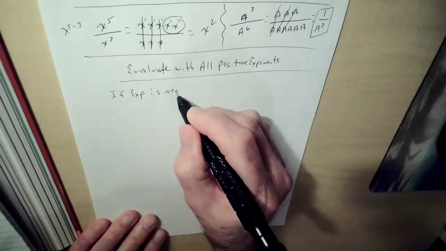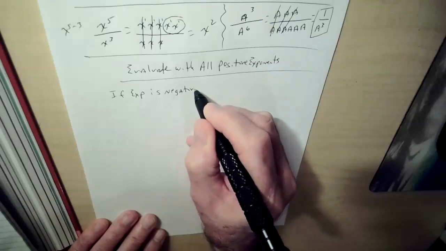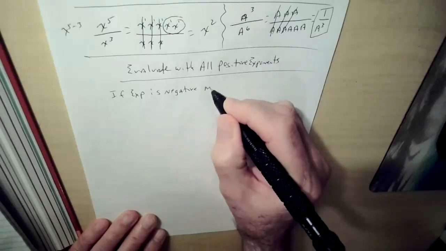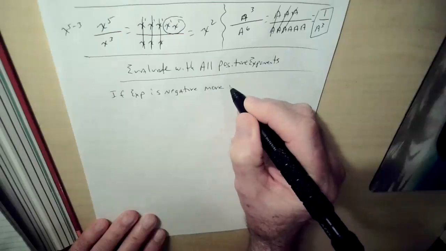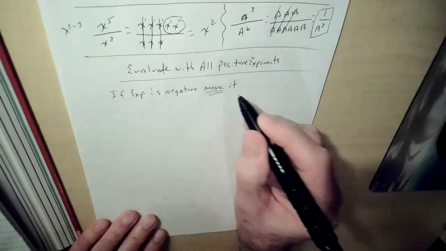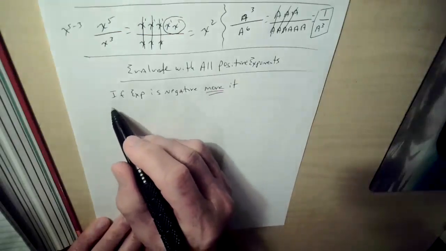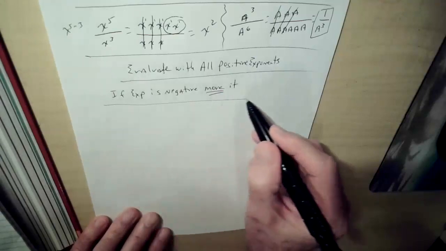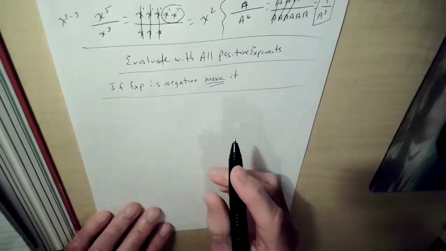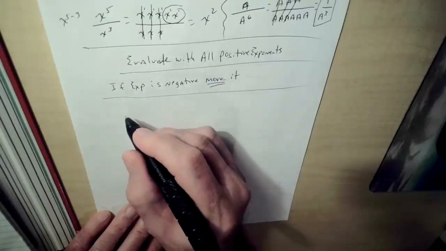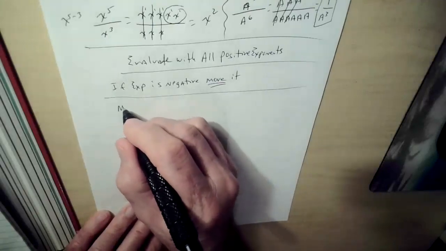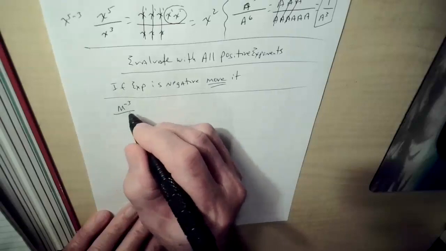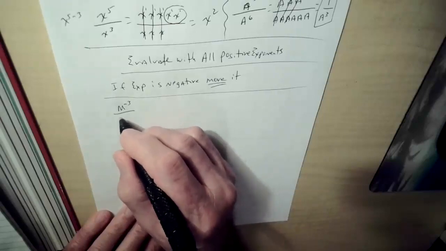Okay, this is real simple. If the exponent is negative, move it. If it's in the top, put it in the bottom. If it's in the bottom, move it to the top.